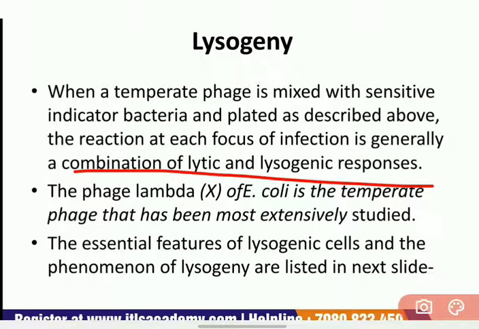Some bacteria will be lysed and produce phage. Others will survive as lysogenic cells, and the plaque becomes visible as a partial area of clearing in the bacterial lawn. It is possible to pick off cells from the central areas of these plaques and demonstrate that they carry prophage.